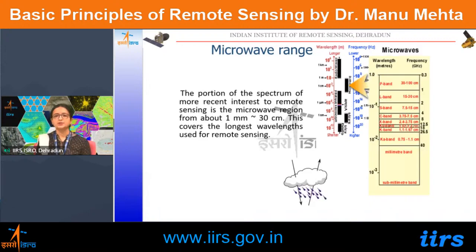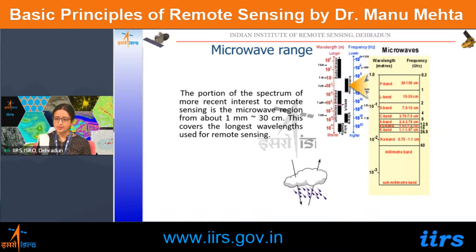Then finally coming to the microwave range, where you will have a dedicated class on the microwave portion, but I'll be touching upon it. The range is usually from about 1 millimeter to around 30 centimeters. This covers the longest wavelengths used for remote sensing purposes.